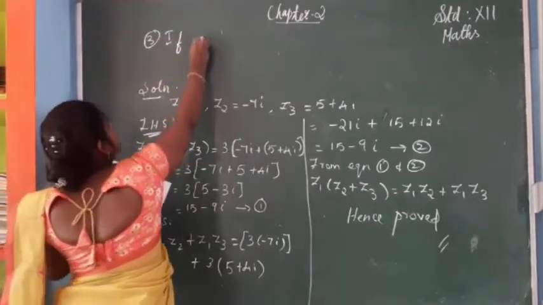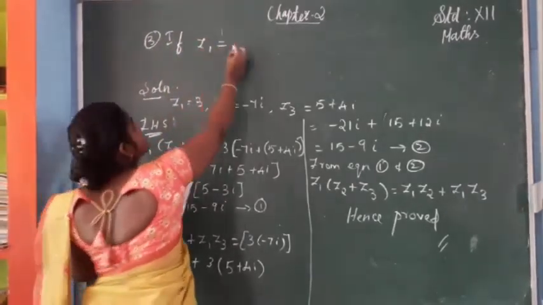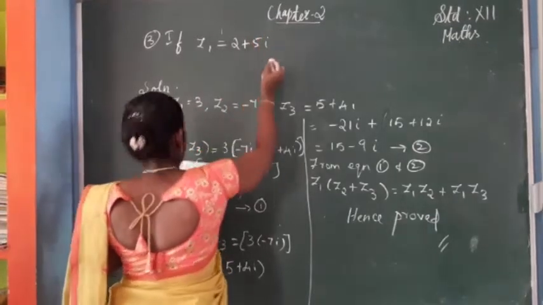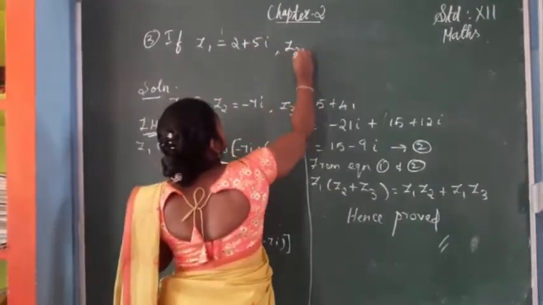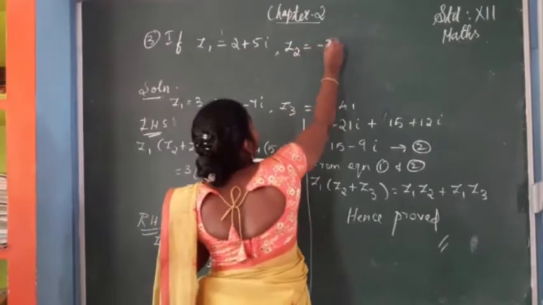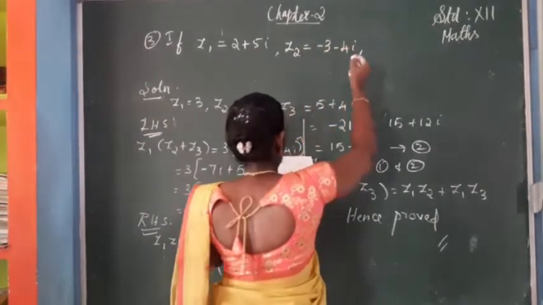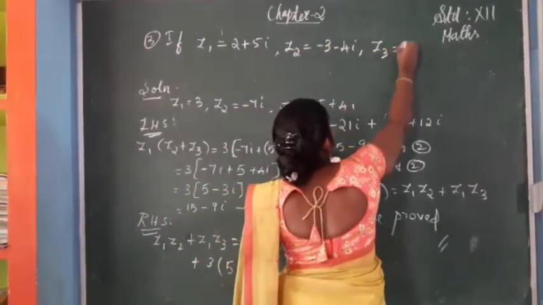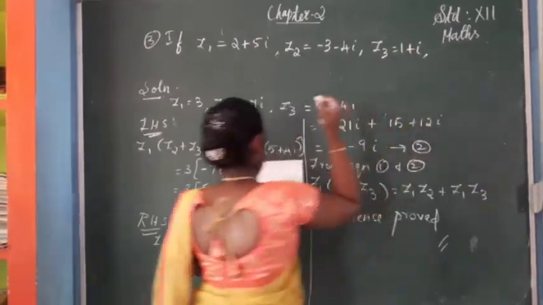If Z1 is equal to 2 plus 5i, Z2 is equal to minus 3 minus 4i, Z3 is equal to 1 plus i.